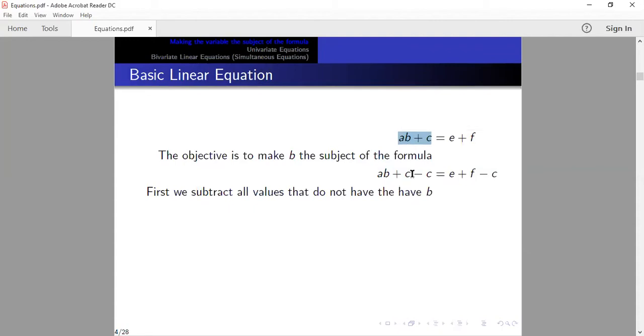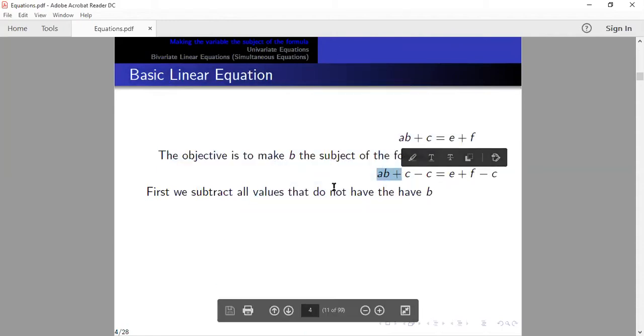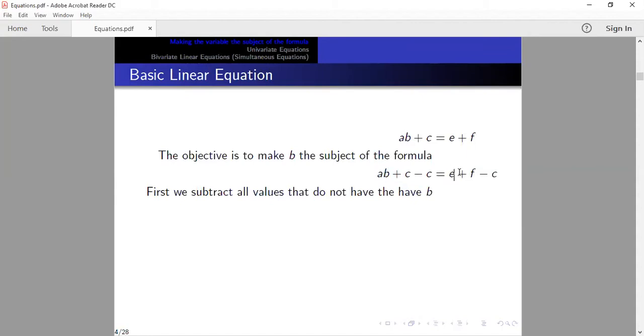We subtracted on the left-hand side so that we're able to subtract from this right-hand side. And then, after we've subtracted, we are left with that equation on the left and that equation on the right.